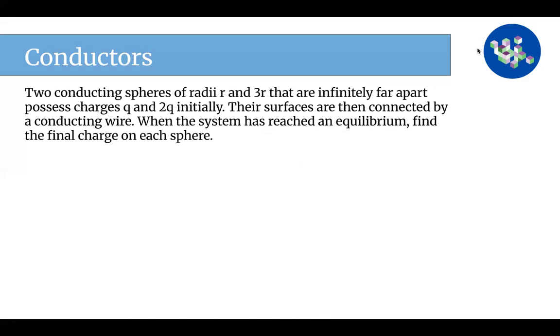It will be helpful to remember that if we have a system of conductors at equilibrium, then we know that the surfaces must have equal potential. Otherwise, it will not be at equilibrium. So try to use that fact when you're solving this problem.